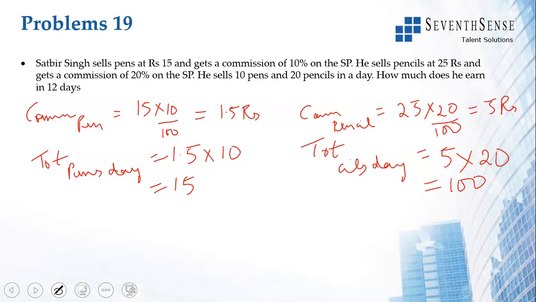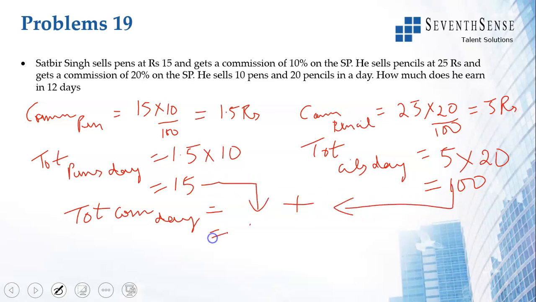Total commission in a day is equal to the commission earned on pens plus the commission earned on pencils. He's getting 15 rupees as commission on pens and 100 rupees as commission on pencils. So his total commission per day is 115.